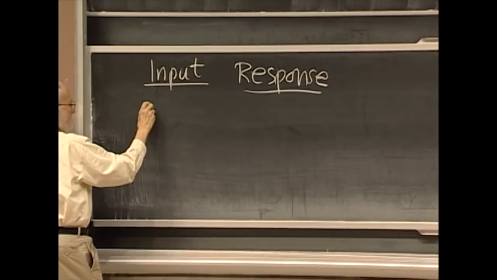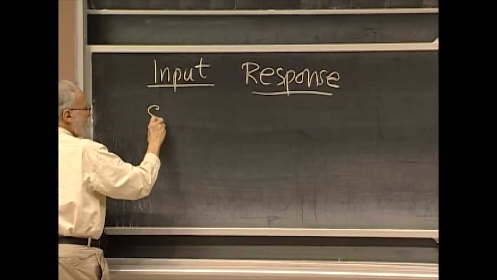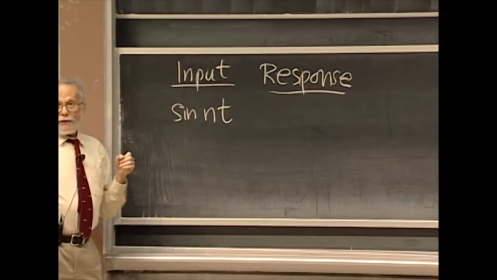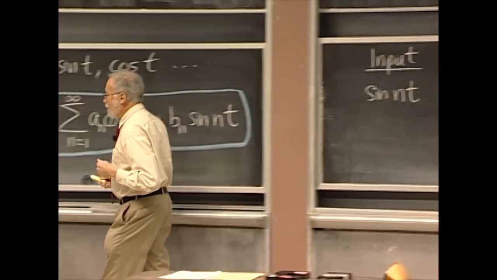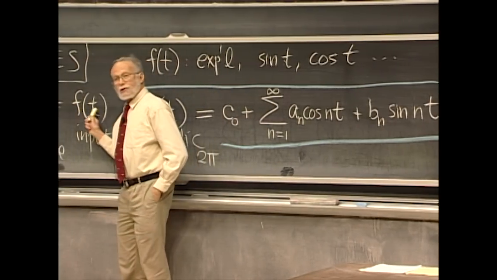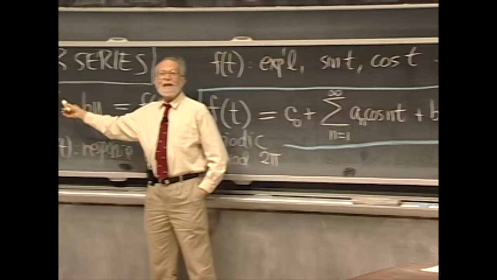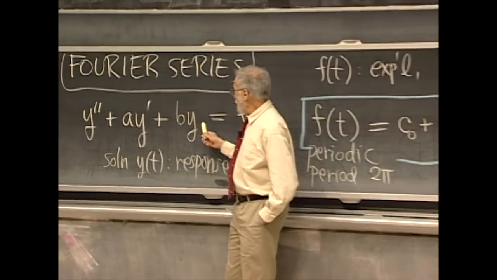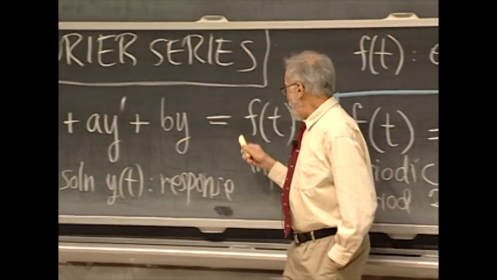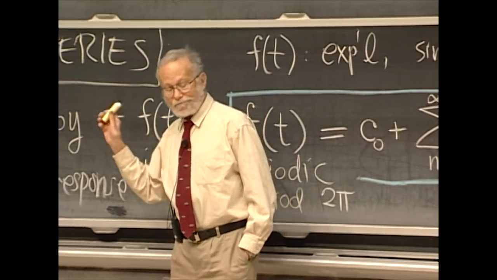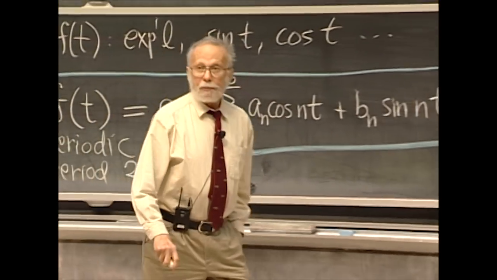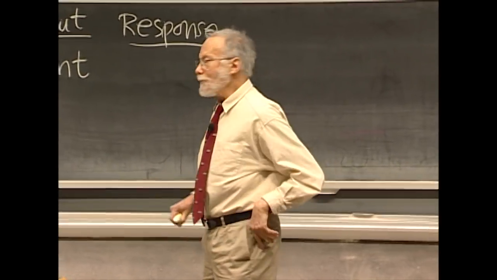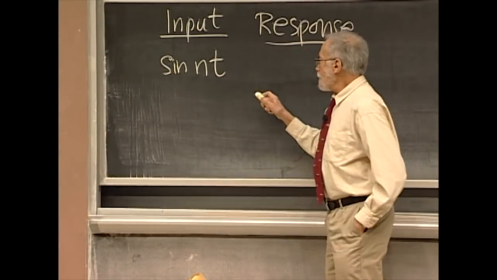Suppose the input is the function sine nt. If you just solve the problem, you know how to find a particular solution. In fact, you do it by converting this to a complex exponential, and then the rigmarole we've been going through. So let's call the response something.